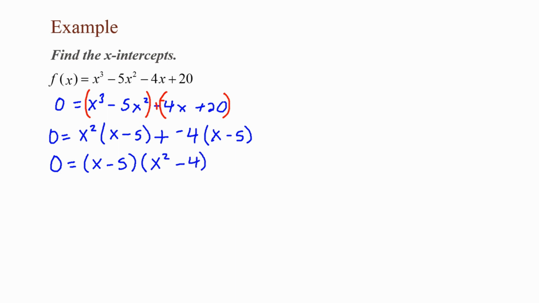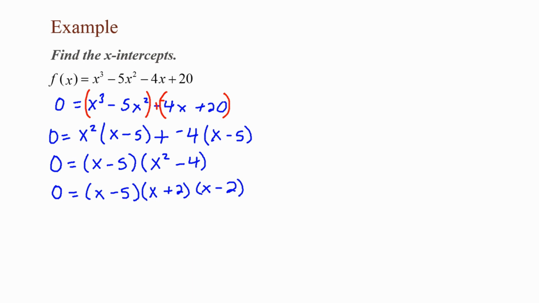X squared minus 4 can be factored again, so I have 0 equals x minus 5, and then x squared minus 4 can be factored into x plus 2, x minus 2, since it is the difference of two squares.